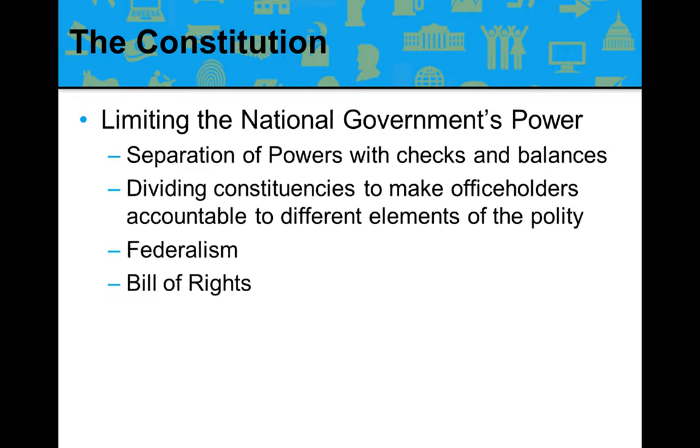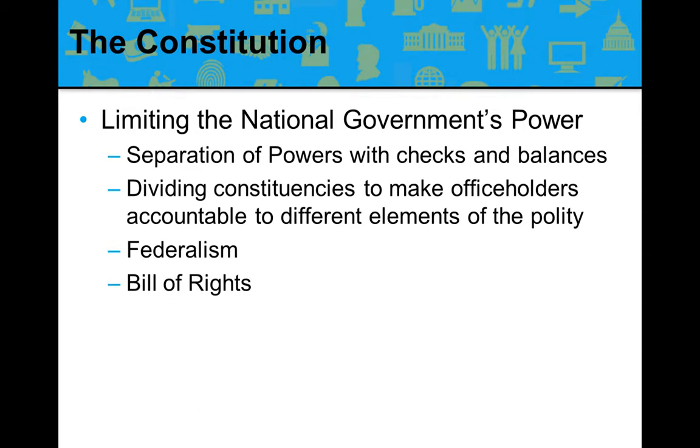The Constitution also, from the state's perspective, had to limit the power of the national government. This is why we have the separation of powers with those checks and balances, because the constituents are divided to make office holders accountable to different elements of the people. So, for example, we elect people to the House of Representatives, but those same constituents also elect people to the State House of Representatives.